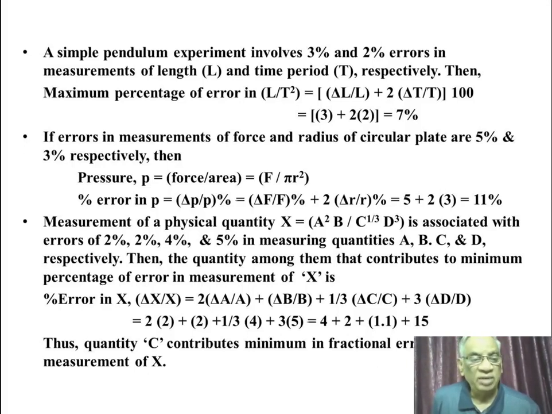If you add everything, you will get the total percentage error of the measurement of x. But the question they are asking is which quantity is contributing the minimum percentage error. So the minimum among 4, 2, 1.1 and 15 is 1.1. So the quantity c is contributing the minimum fractional error in the measurement of parameter x.